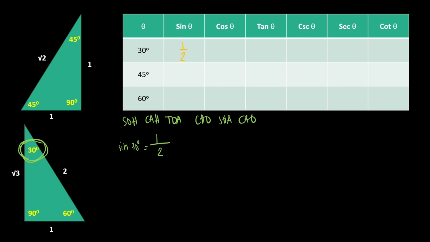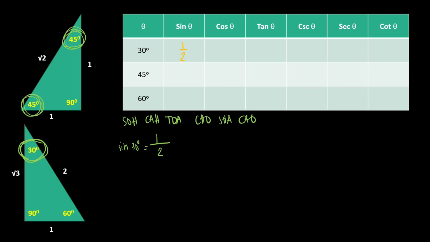Next is the sine 45 degrees. It depends on where the 45 is, but it's the same, since the opposite of each 45 degree angle is 1.